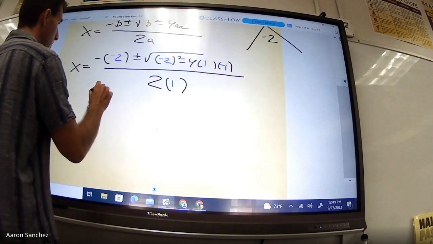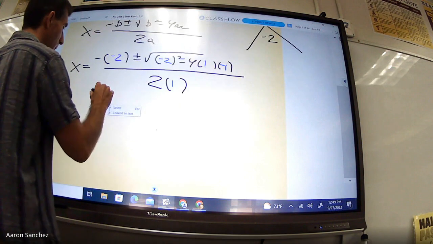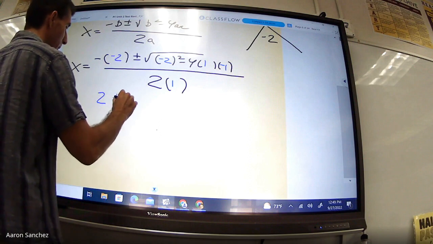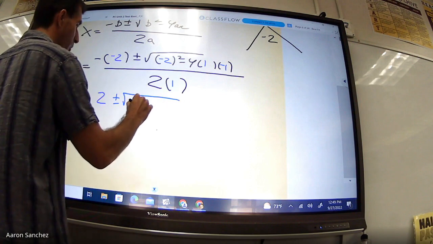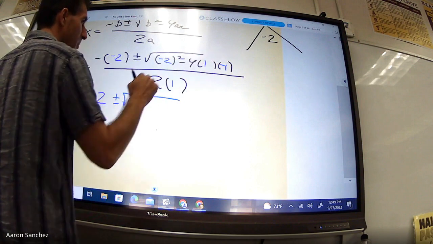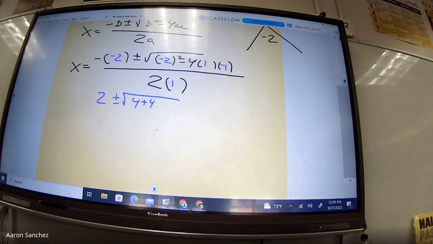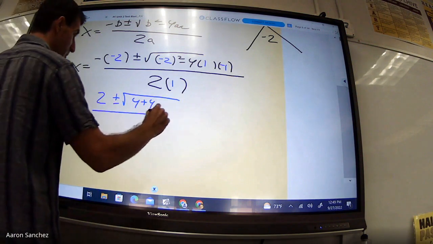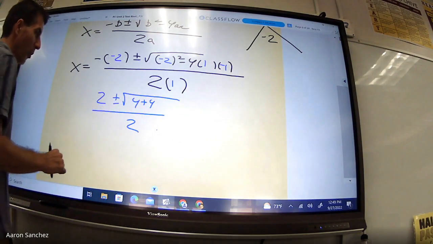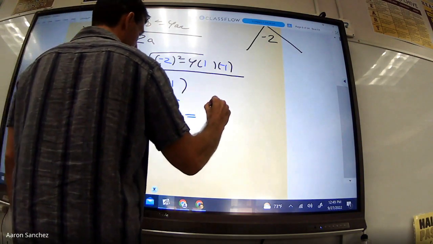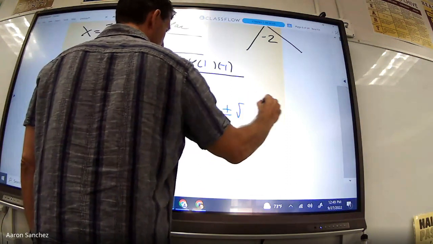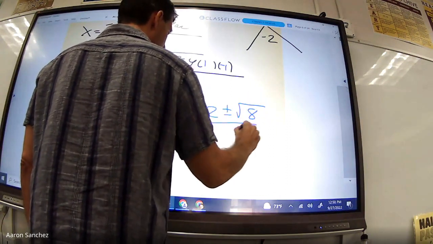Negative negative 2 is plus 2, plus or minus square root of 4, negative 4 times negative 1 is plus 4. Is that too fast for anyone, that step? All over 2. 4 plus 4 is 8. So 2 plus or minus square root of 8 over 2.